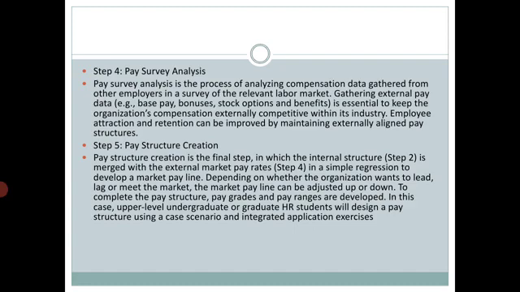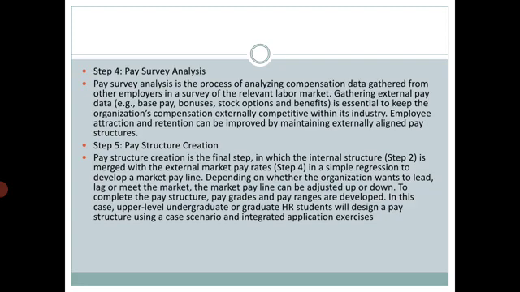So here, to attract the employee, how to attract the employee? For this, analysis and a survey in the relevant labor market is done, through which the data related to pay, that is basic pay, bonuses, stock options, and other benefits, is gathered essentially to keep the organization's compensation externally competitive within its industry.